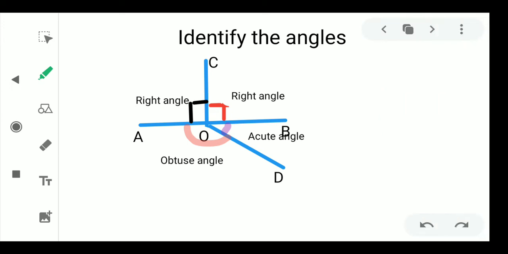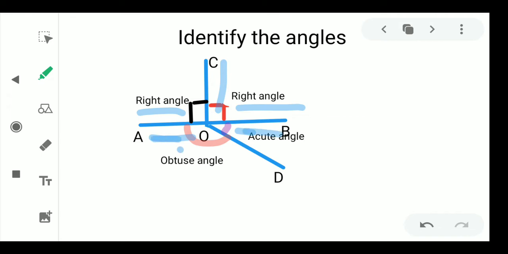Let's identify the angles. Angle AOC and angle BOC are right angles. Arm OC stands vertically upright, forming a 90-degree angle with arms OA and OB.